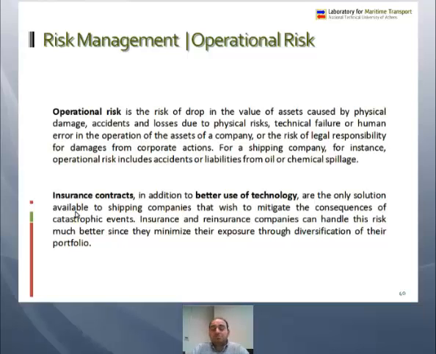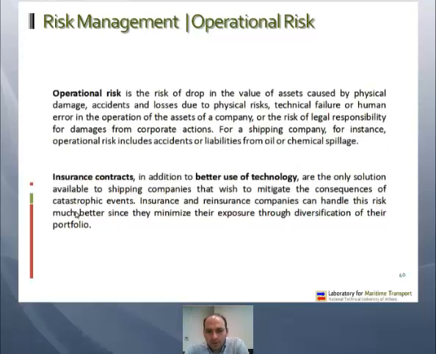Now we have these double hull tankers, and that's mandatory. We are safer because we are using a better technology. We have reduced the risk for oil spills and for paying for any damage that an oil spill could cause. But we also have these insurance contracts that can also protect us against this operational risk.